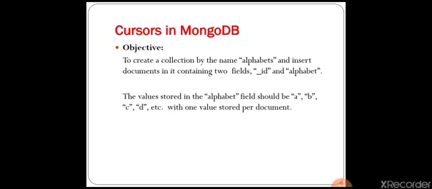Cursor in MongoDB. Our objective is to create a collection by name alphabets and insert documents in it containing two fields, _id and alphabet. The value stored in the alphabet field should be a, b, c, d, etc., with one value stored per document.